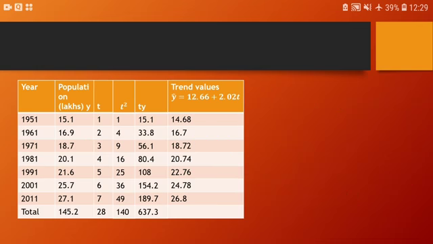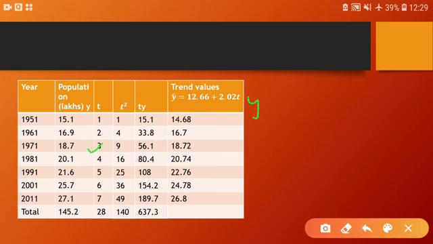Okay, let's take t as 3. So y cap is equal to 12.66 plus 2.02 into 3.